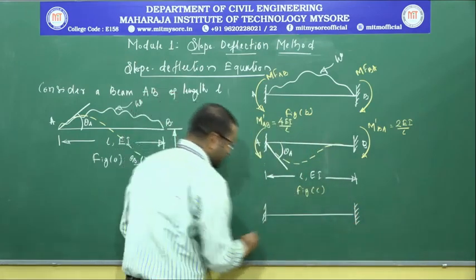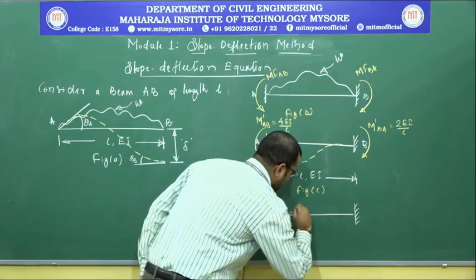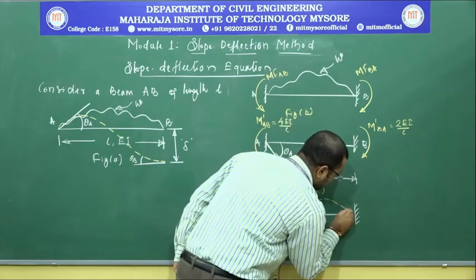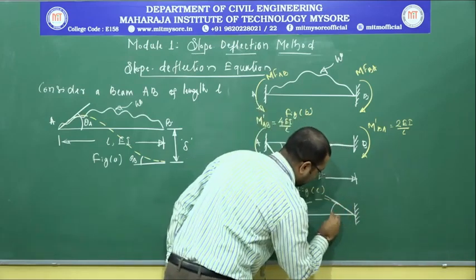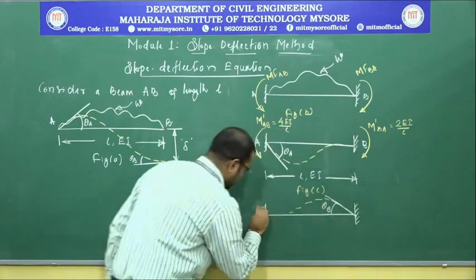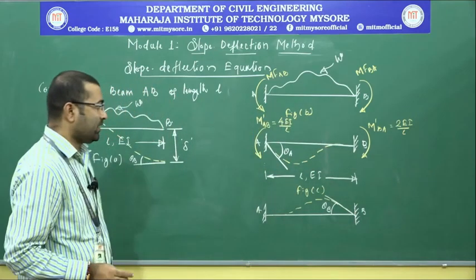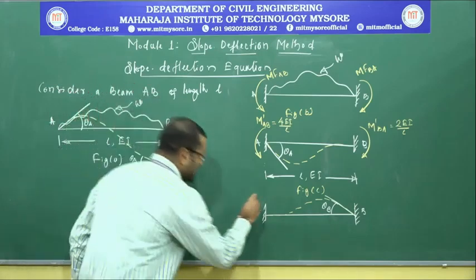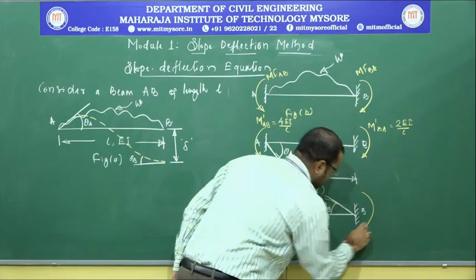So let us say this member is undergoing, this end is undergoing a rotation. Let me call this as theta B. This is AB. Because of this rotation, there will again be development of bending moment at the ends.